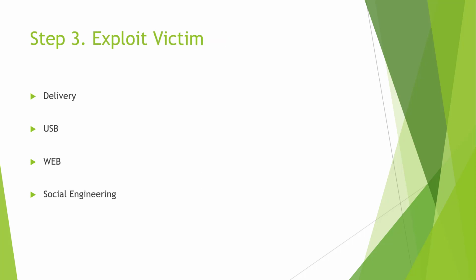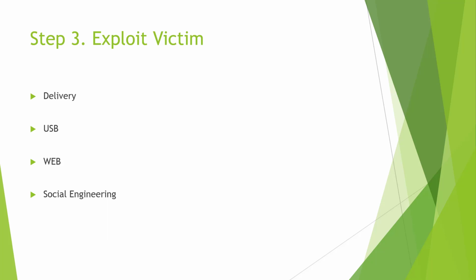So now we have to talk about exploiting our victim, the delivery. How do we get it to our victim? We can do it as simple as putting a USB in. The problem with that is if we have a USB and we copy it back and forth, that can be cumbersome. It's definitely doable, but is that the best option? We could do some form of web.